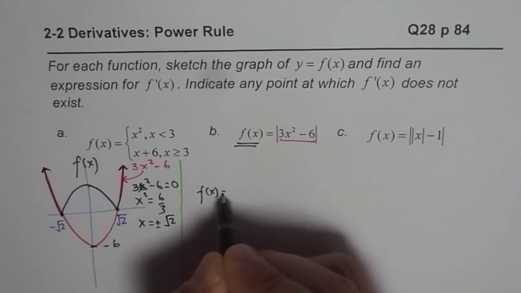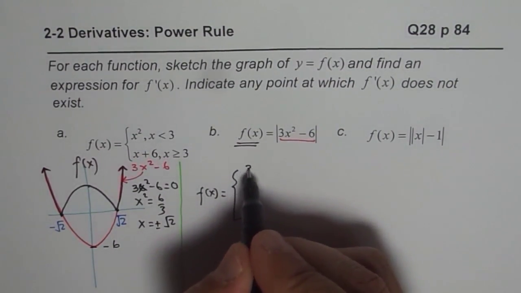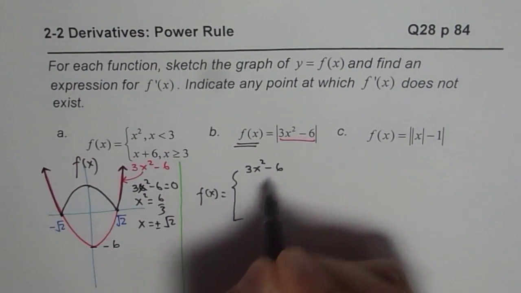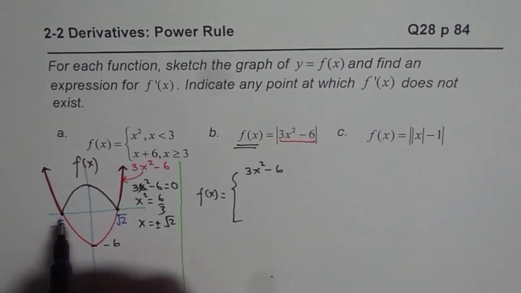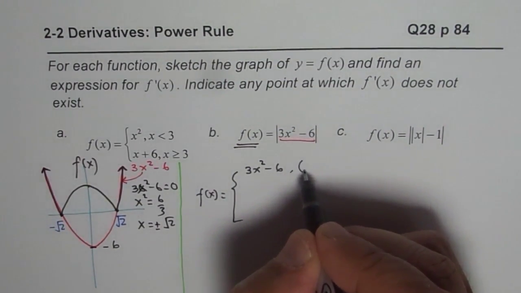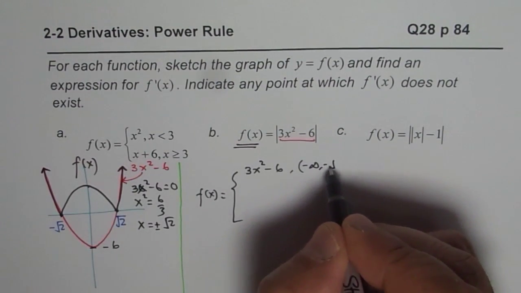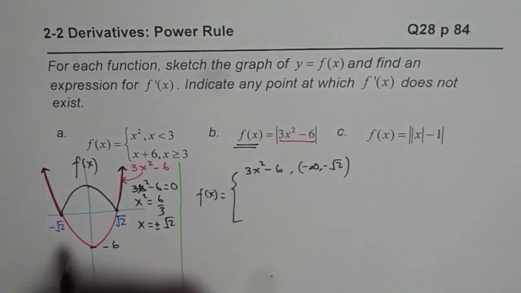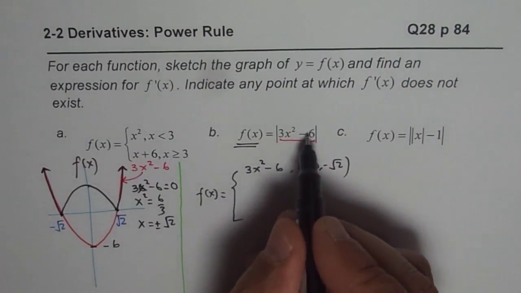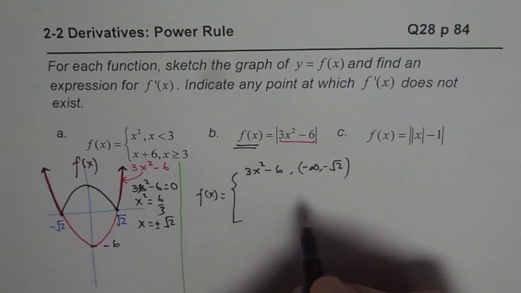We can write f of x equals the inside function 3x squared minus 6. It's the same function if we are considering from minus infinity to minus square root 2, correct? But it is the negative of this when you are considering the domain between minus square root 2 and plus square root 2.